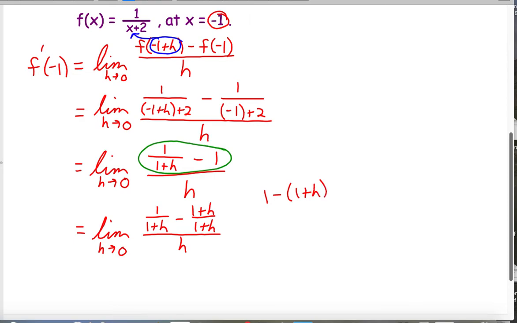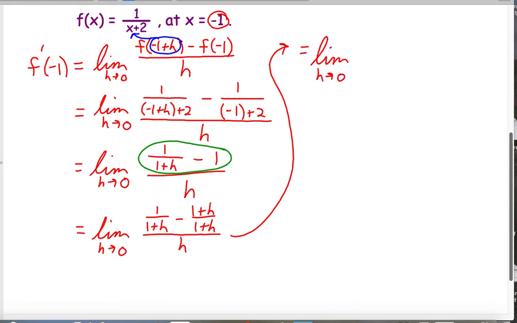We have to distribute that negative, so it's actually going to simplify to just a negative h. That's a common mistake. Let's continue it right up here. This equals the limit as h approaches 0 of negative h over 1 plus h, all over h.